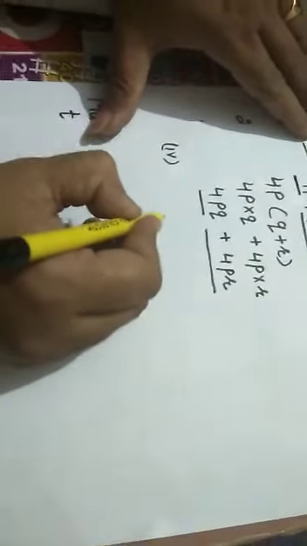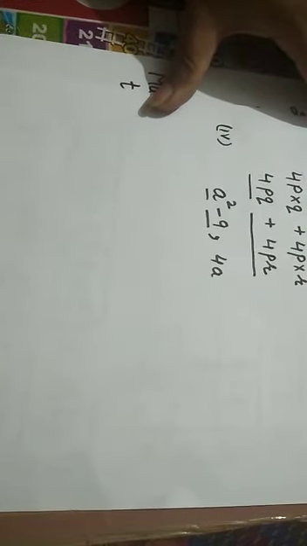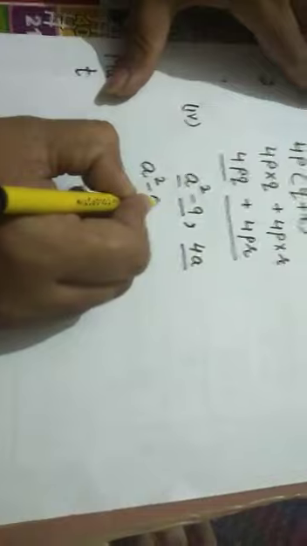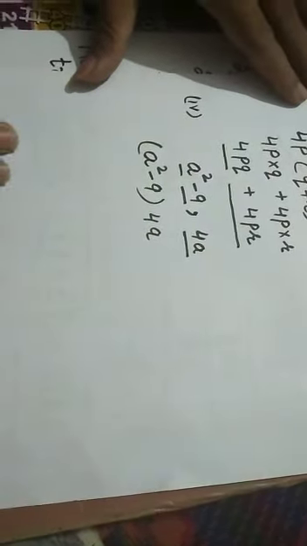I am taking one more part for you, the fourth part. This is a square minus 9 and 4a. There are two terms in the first part, so this is a binomial and the second one is a monomial. So a square minus 9 you have to multiply with 4a.